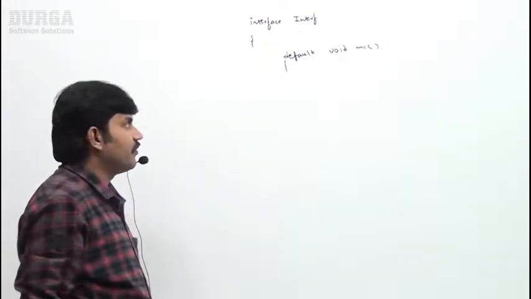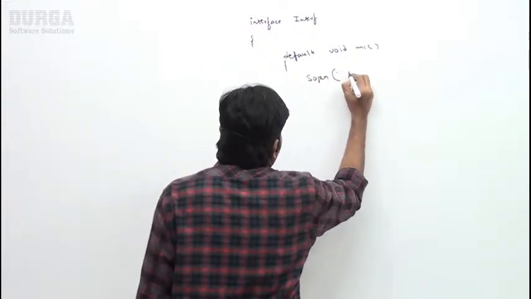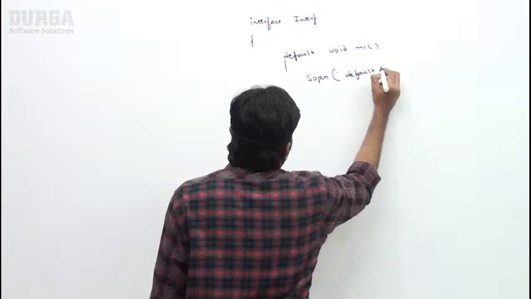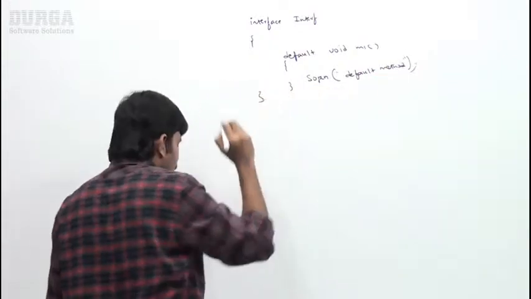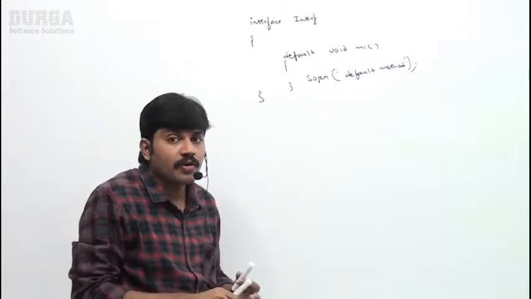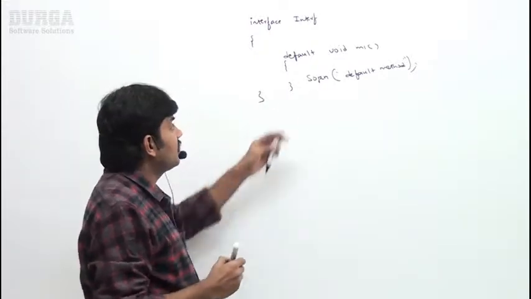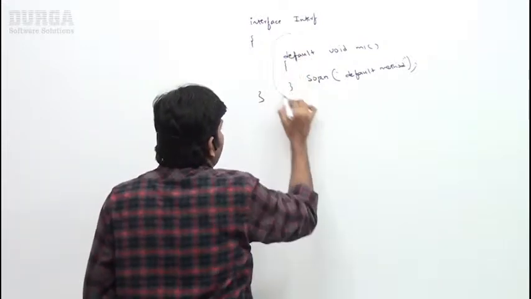Inside, I am taking System.out.println("default method"). So, interface Interrupt, default void m1, with the print statement "default method" like this. So this is nothing but a default method, right?